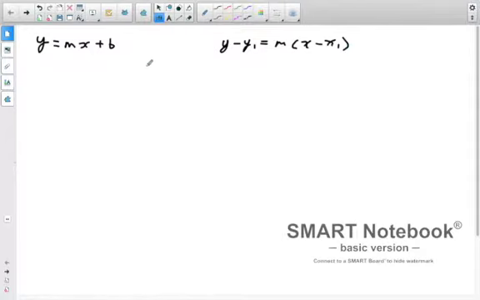Now, regardless of which form we use, there's a certain amount of information that we need. We need the following: one point and one slope, or we need 2 points.